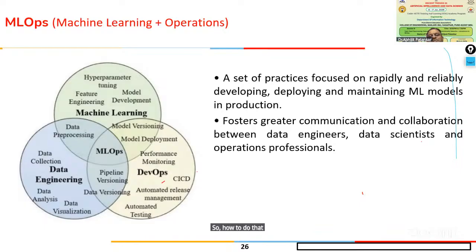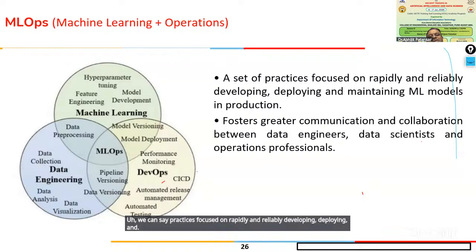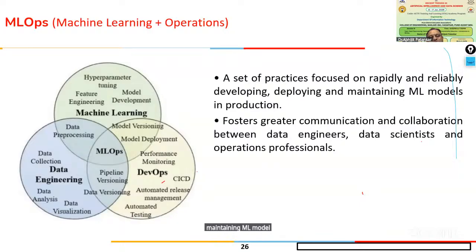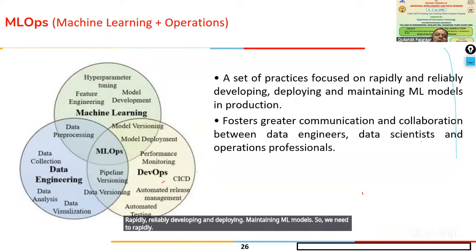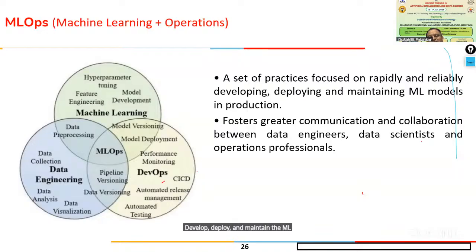We can say it is a set of practices focused on rapidly and reliably developing, deploying, and maintaining ML models in production. So we need to rapidly develop, deploy, and maintain the ML model. How can we do that? By ML ops.